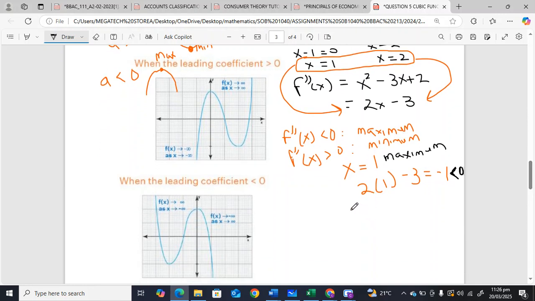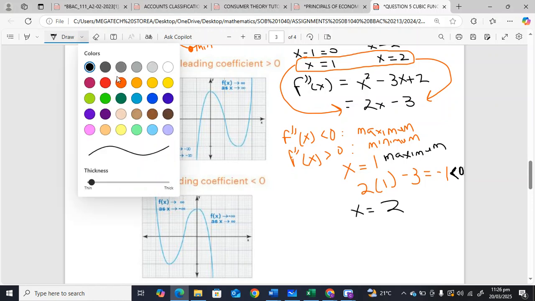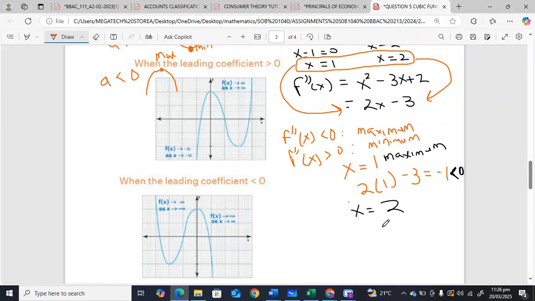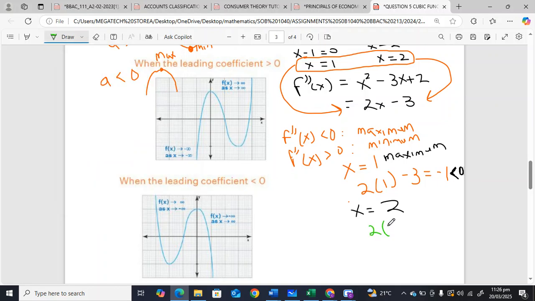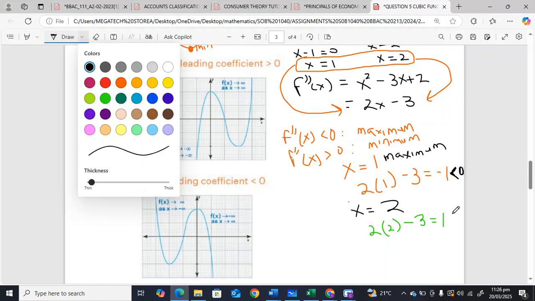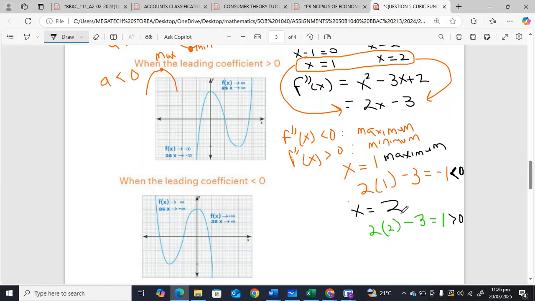Then, yes, Mr. Foster. Since 1 is greater than 0, yes, x equals 2 is the minimum.